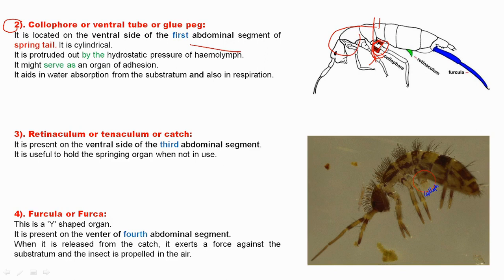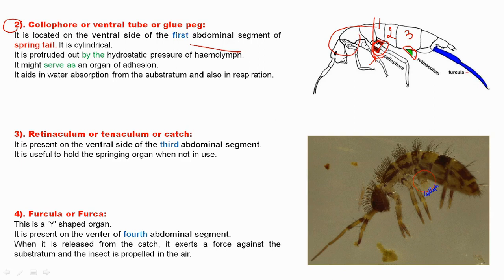Next, retinaculum or tenaculum or catch. See, this is the retinaculum or catch. It is present on the ventral side of the third abdominal segment. In the second abdominal segment, there is no appendage. In the third abdominal segment, on the ventral side, the retinaculum or catch is present.